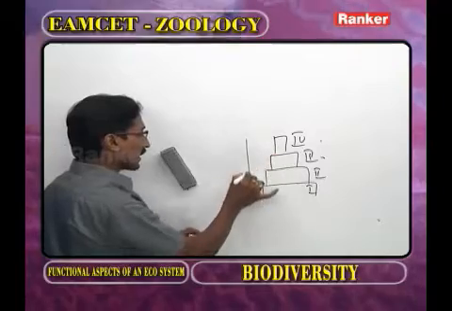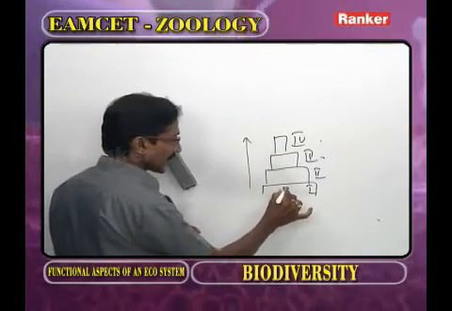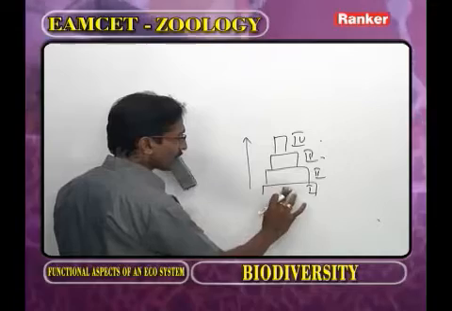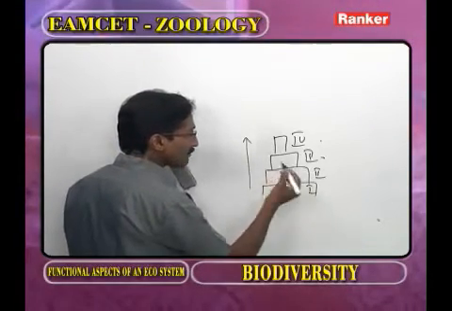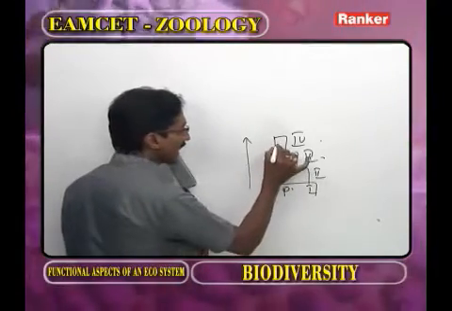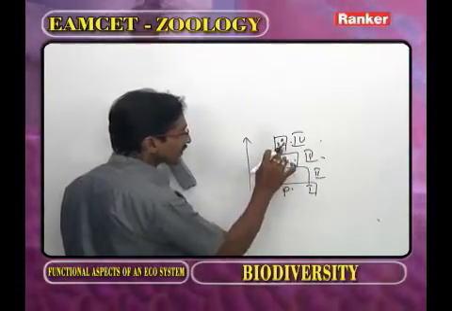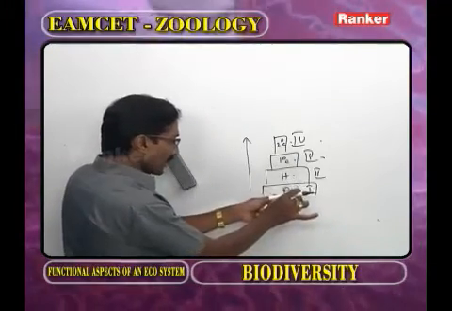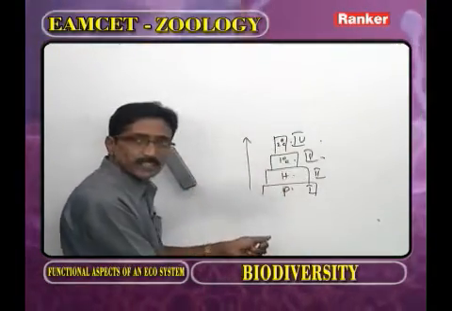The first trophic level is occupied by the producers, the second trophic level by herbivores, the third by primary carnivores, and the fourth by secondary carnivores. Now, as trophic level increases, the number decreases.